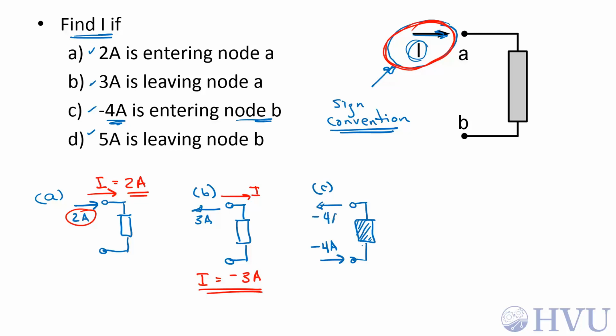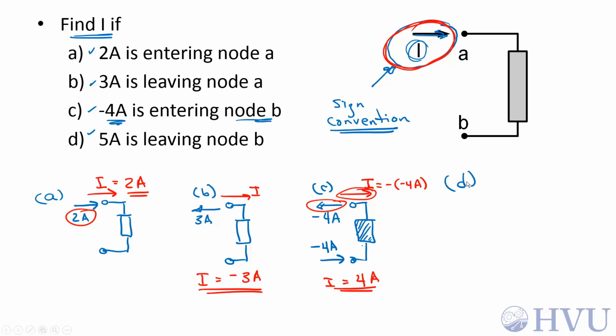So I have negative 4 amps leaving node A. To convert that to a number for I, I have to take into account I's sign convention. I is positive entering node A. This arrow is in the opposite direction as this arrow, so I have to change the sign on I. So I is the negative of negative 4 amps, and I in this case is positive 4 amps.